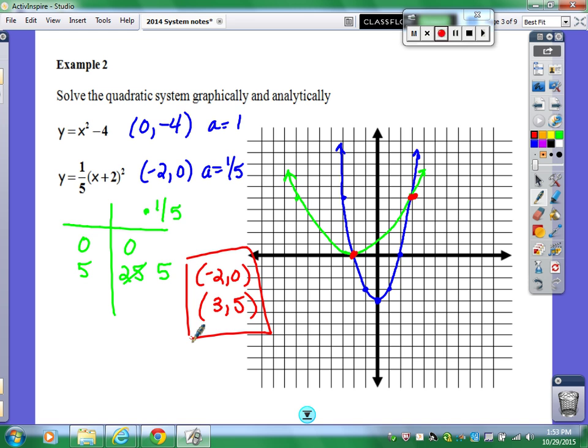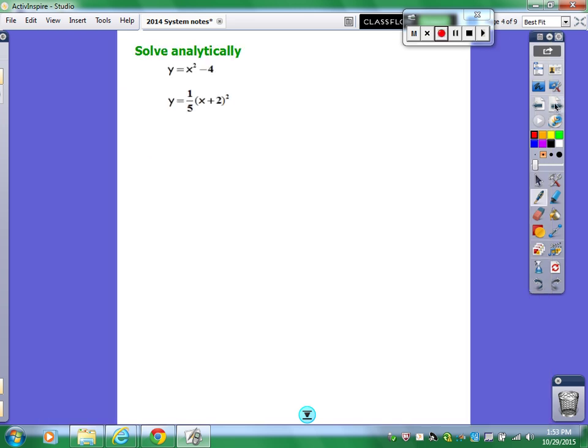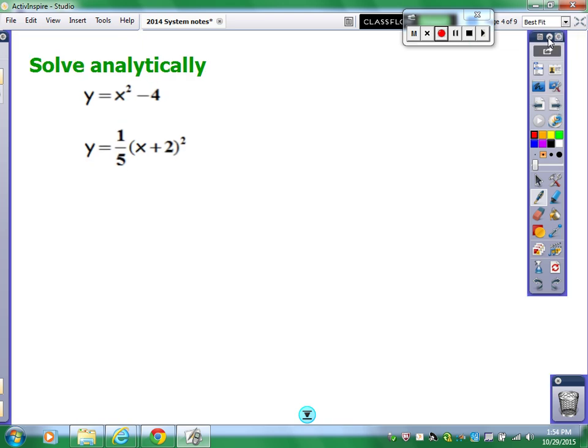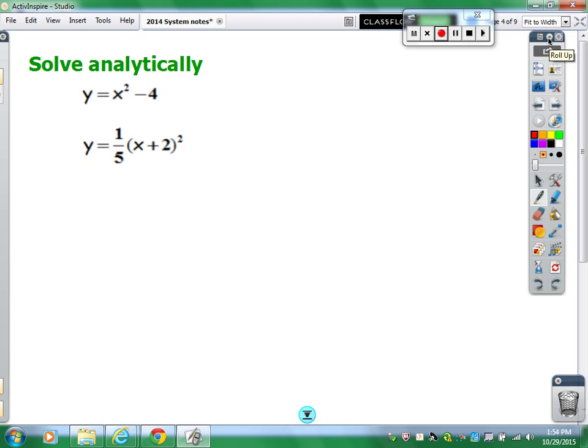All right, let's solve this one analytically now. They're both solved for y. So now I just need to set them equal to each other. Okay. Well, I don't like that 1/5 in there, so I'm going to multiply everything by 5 and get rid of that fraction.